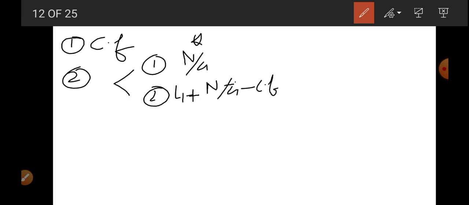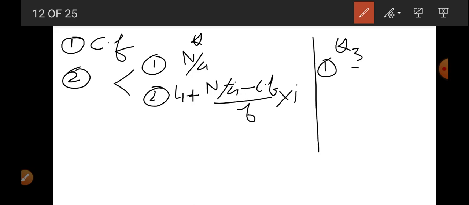First, for getting the model class, for quartile we use n upon 4, and the second equation is L1 plus (n upon 4 minus CF) upon F multiplied by I. Okay student, for Q3 first we use 3n upon 4.